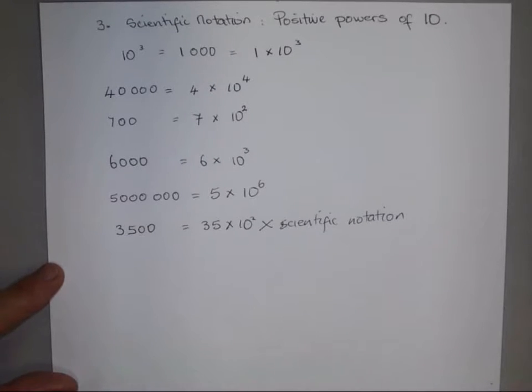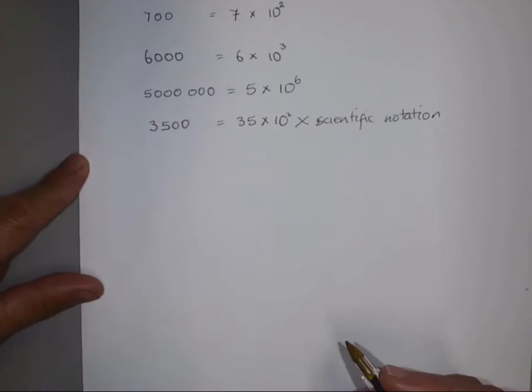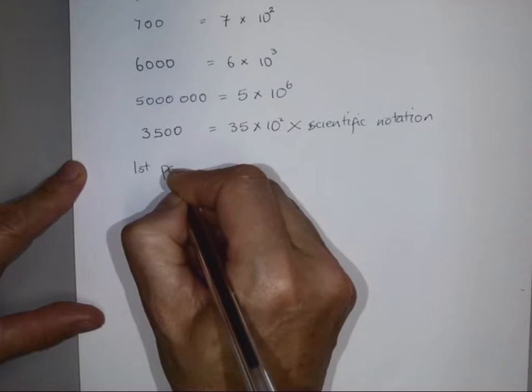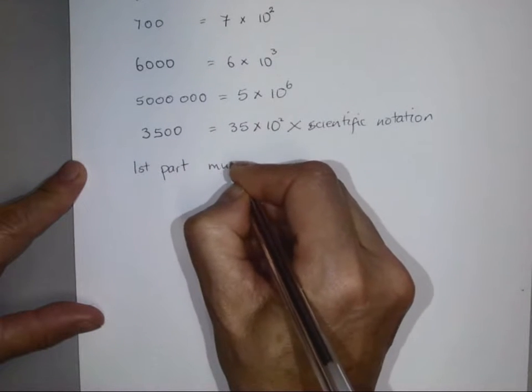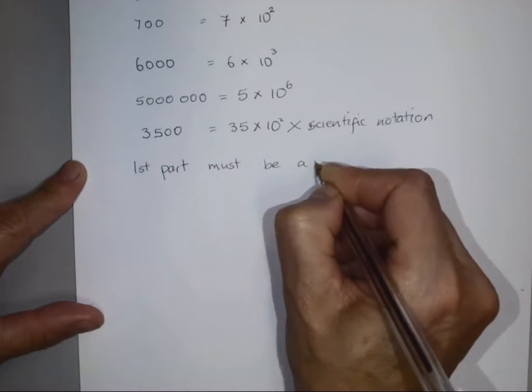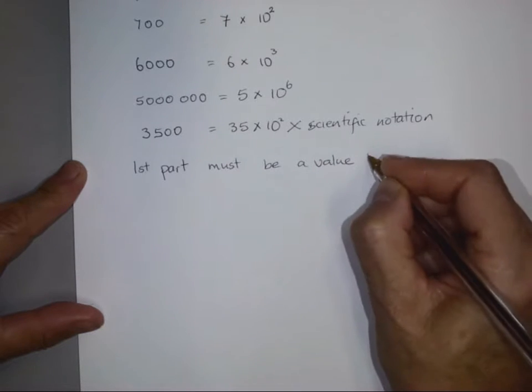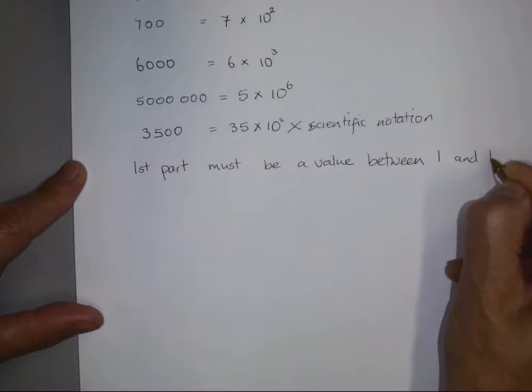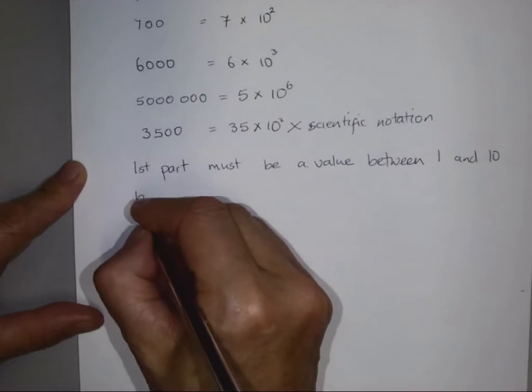Because in scientific notation, the first part must be a value between 1 and 10, but less than 10.